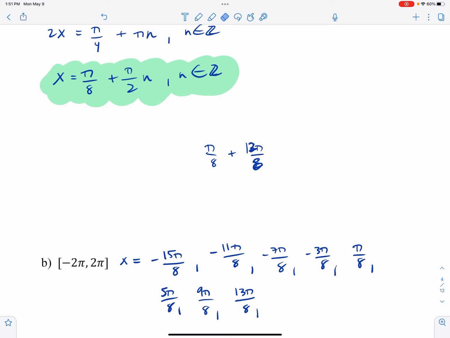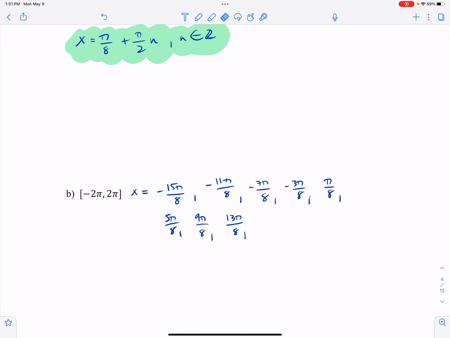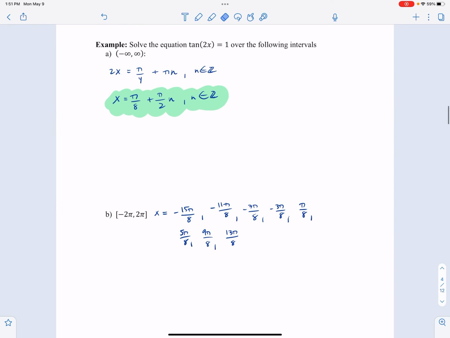And then if we let n equal to 4, that would be adding 2 pi, and we would be outside of the interval. So those are all of our solutions from negative 2 pi to 2 pi. And it was helpful having the general solution set in order to come up with those solutions on that interval.